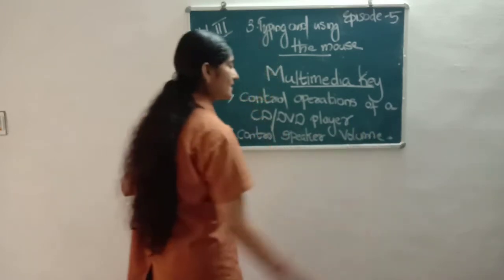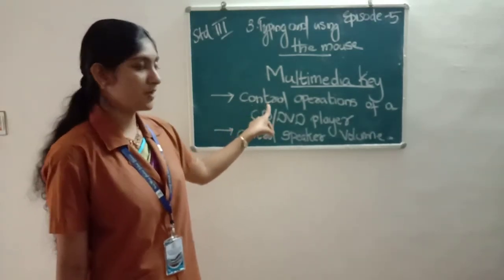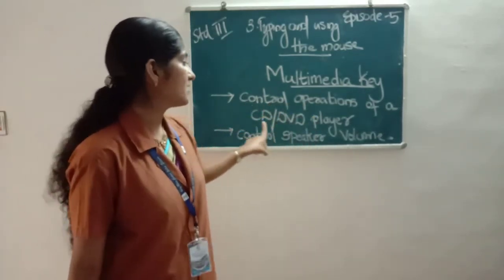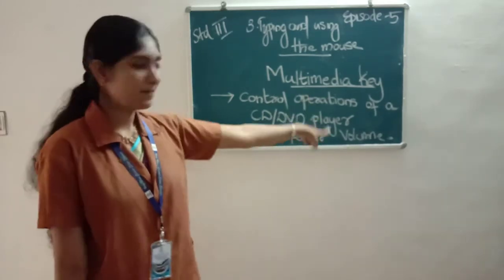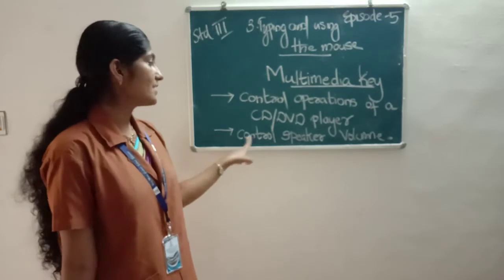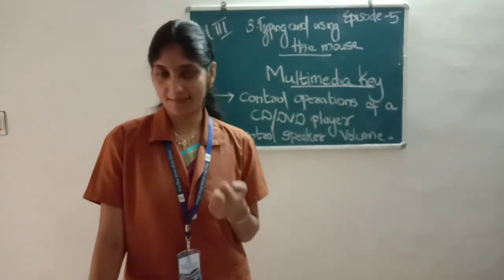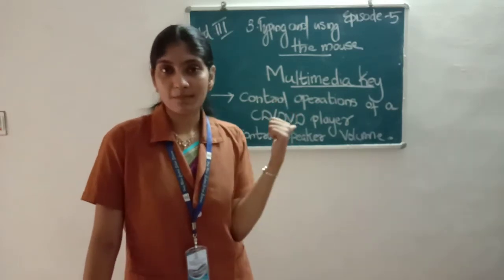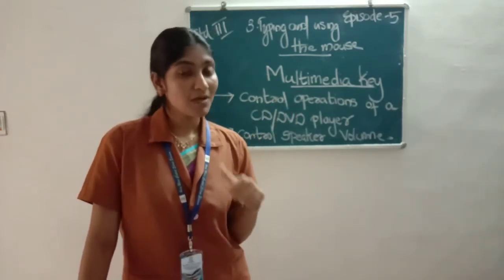So the question here is, name the key which is used to control the operations of a DVD player. Which is that key? Multimedia key. Another question, which is the key used to control the speaker volume? Multimedia key, right? Then this type of key is present if the keyboard is which type?